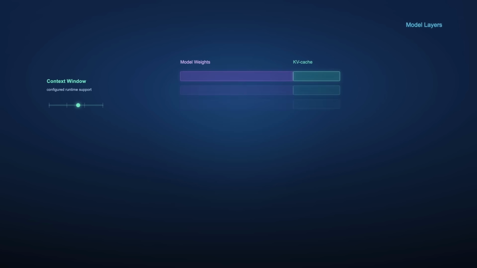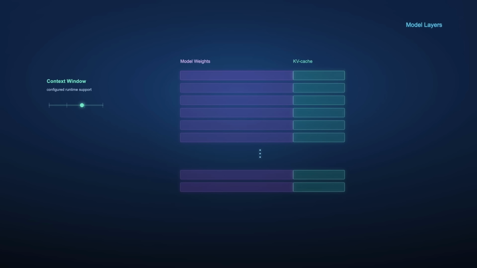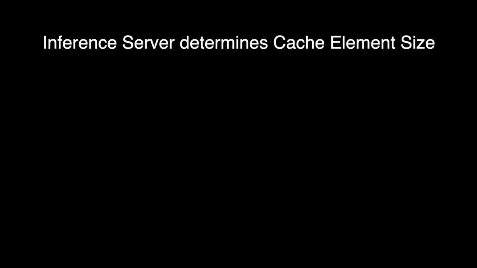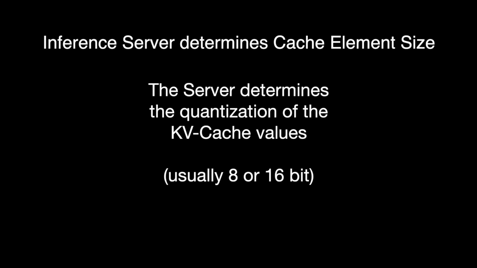That means when you increase the context window, you are not increasing memory in one place. You are increasing working memory across the layers of the model. On a model with 35 layers, that context-related cost shows up across those 35 layers, not just once. That is why long context gets expensive fast on a small machine. And those cache entries are typically kept at the server runtime's chosen precision. They are not automatically reduced just because the model weights were quantized.